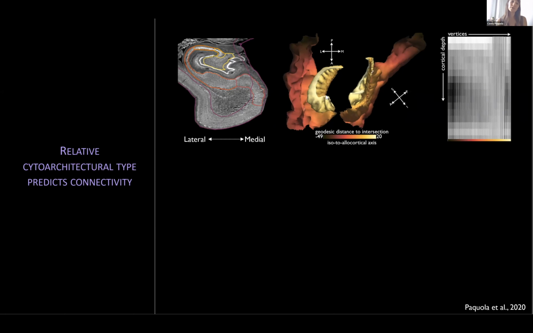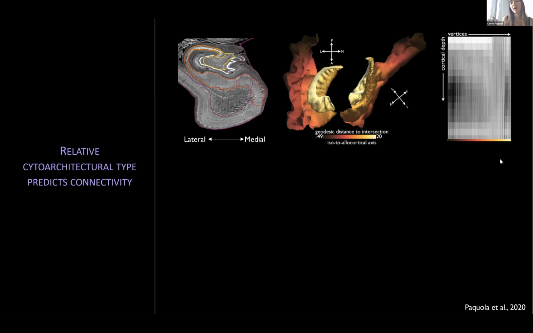And we use this as a proxy of this graded transition from iso to allocortex, because there was also a lot of research showing that there's cytoarchitectural variation that's gradual from the isocortex. So from fusiform, parahippocampal gyrus, entorhinal cortex, then you have subiculum, CA1, 2, 3, 4. So this whole transition is also a very gradual change in the cytoarchitecture. So that's what we're looking to model here.